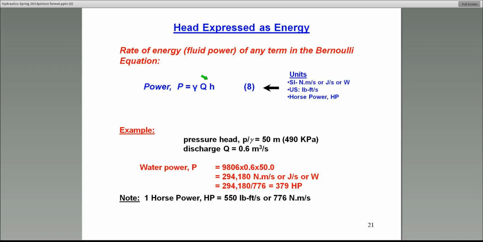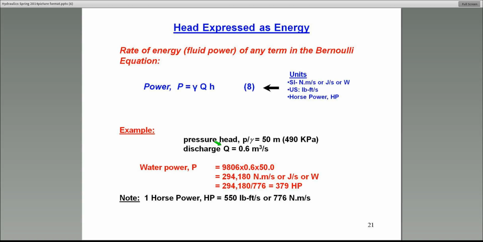Let's say, for example, you have a pressure head P over gamma in the Bernoulli equation of 50 meters, which, by the way, turns out to be 490 kilopascals of pressure. That's P over gamma. And Q is, in this case, 0.6 meter cubed per second.